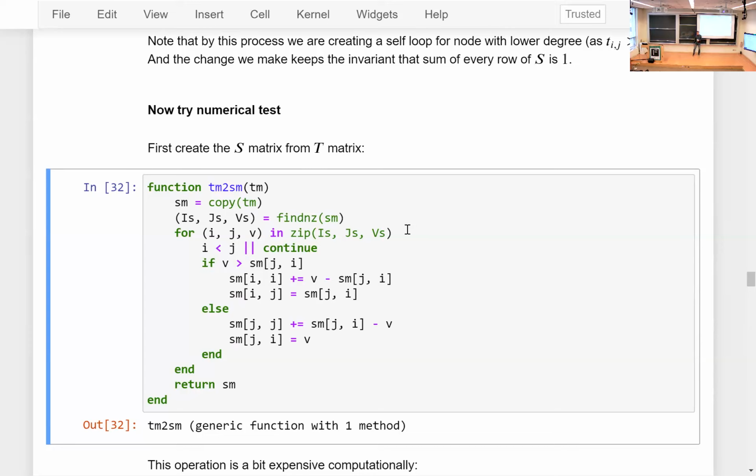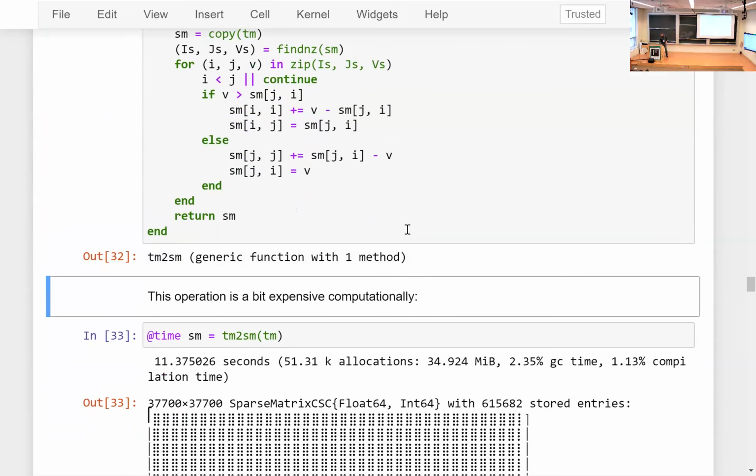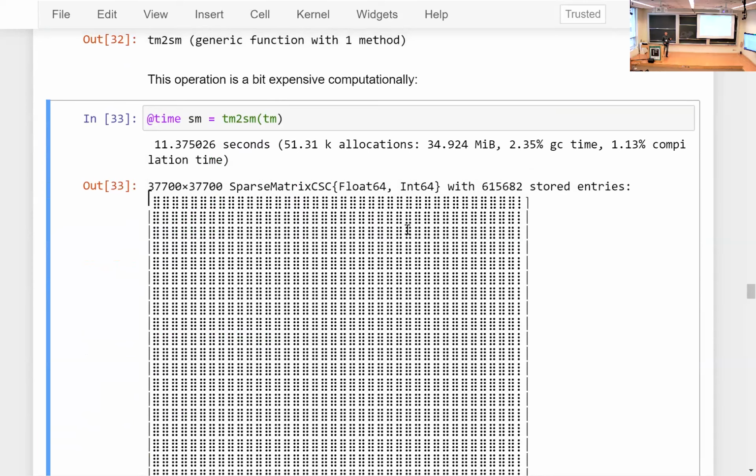What is interesting from the perspective of computing is that Julia exposes an efficient way to find only non-zero entries in this matrix, and I do not iterate zero entries at all. Because the matrix is sparse, this will be quite fast. Not super fast, but quite fast. So I only correct things that indeed need correcting. I will not run it, but it runs in around 10 seconds to create this matrix.